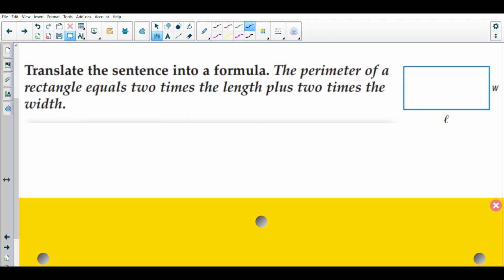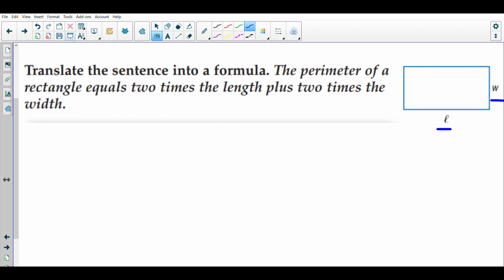The perimeter of a rectangle equals 2 times the length plus 2 times the width. So they gave us letters. We have an L over here and a W over here. So the perimeter we're going to call P. The perimeter of a rectangle, so just telling us what it deals with. So of a rectangle doesn't mean anything to us. So equals 2 times the length, L, plus 2 times the width.